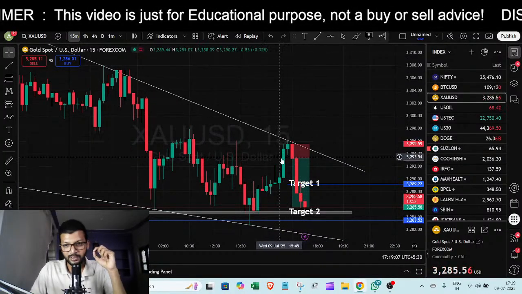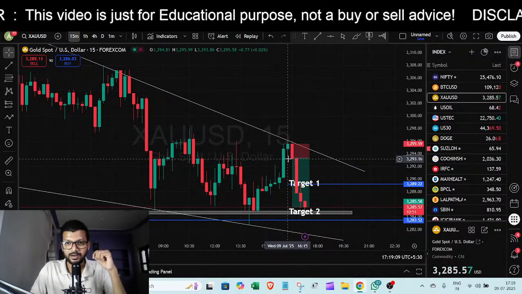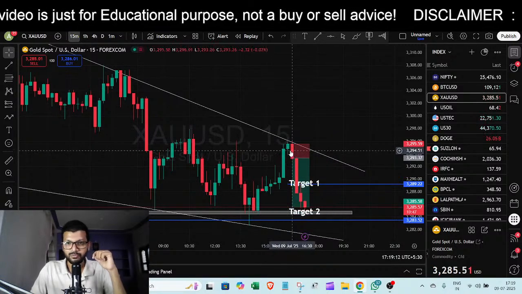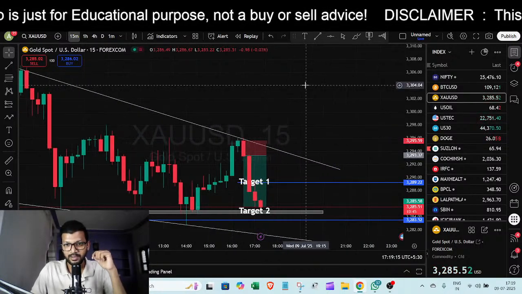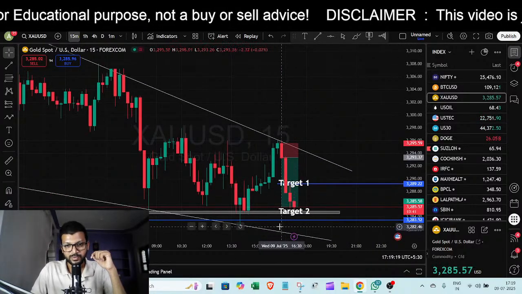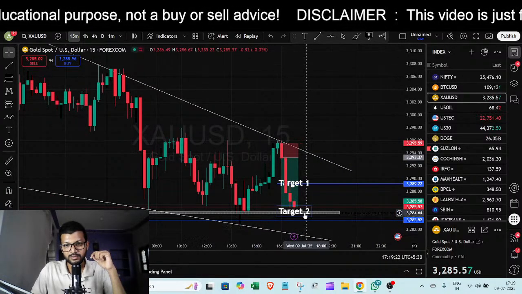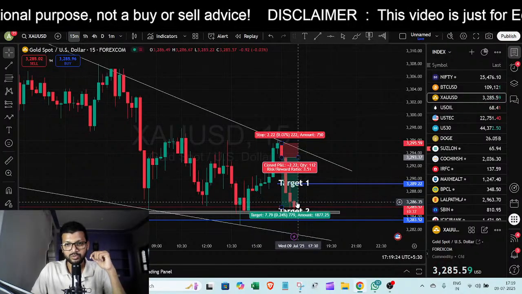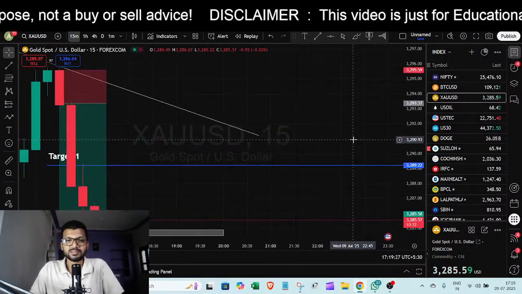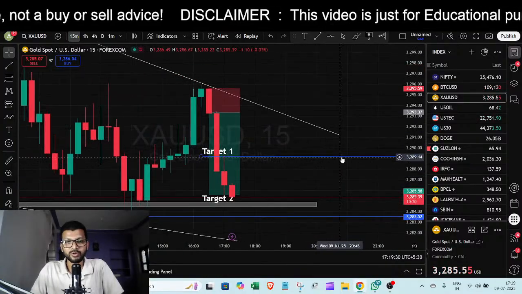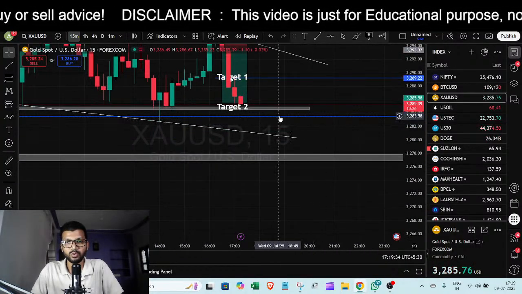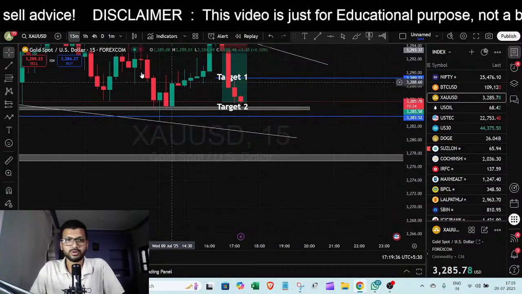So we entered this trade after this candle closed, with the stop loss at this candle's high, and our target was below this trend line, but we exited at 1:3.5 because here the chances of reversal are more, because of this support, and also this big blue line is our order block.